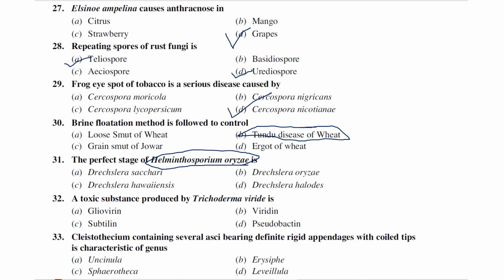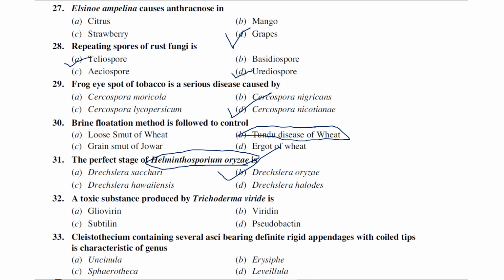Helminthosporium oryzae, otherwise called Bipolaris oryzae, otherwise called Drechslera oryzae. So the answer is B, Drechslera oryzae. Cochliobolus miyabeanus also we can say, but here the option given is Drechslera oryzae, apart from the other options.